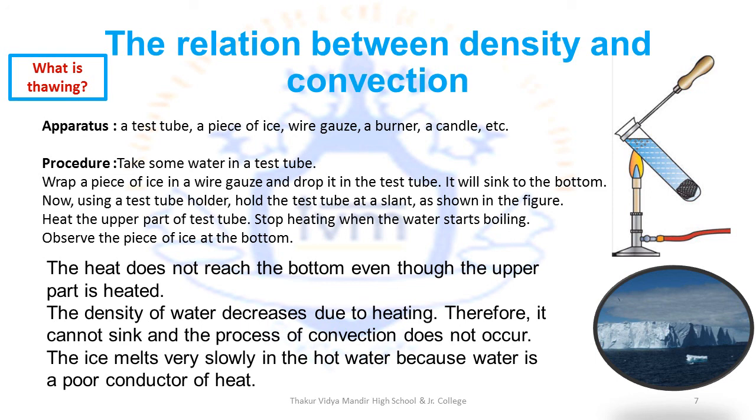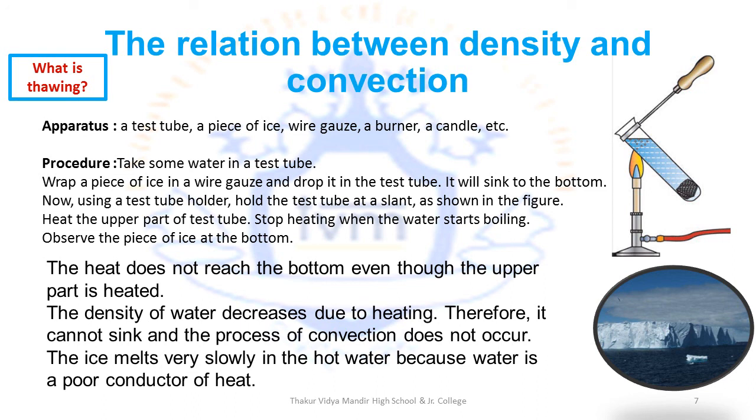Once the water starts boiling, you will stop heating and observe what happens to the piece of ice at the bottom. You will notice that even though the upper part of the water is heated, the heat does not reach the bottom. The density of water will decrease due to heating, but it will not sink.